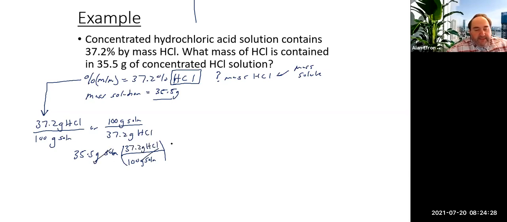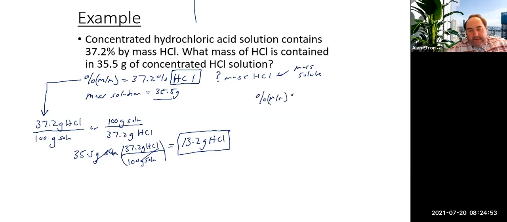Grams of solution cancel each other out, and we do end up with 13.2 grams of HCl dissolved in there. And that would be our answer. Any questions on that? Now, that's a more dimensional analysis approach. Clearly, you could just go with the formula that we saw for it.